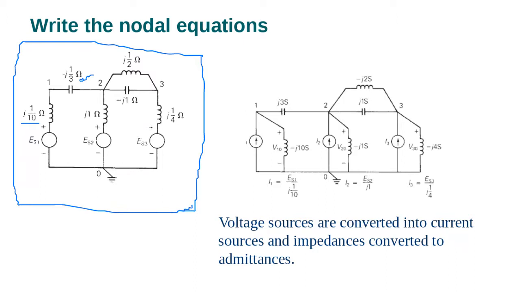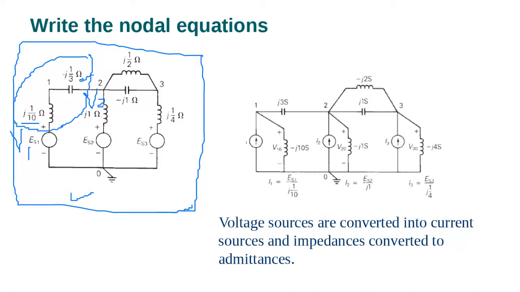So what do we need to convert in this part to make it nodal analysis? You remember in nodal analysis we calculate the current. So we want to calculate the current. So we say V1 minus V2 over the line in between.